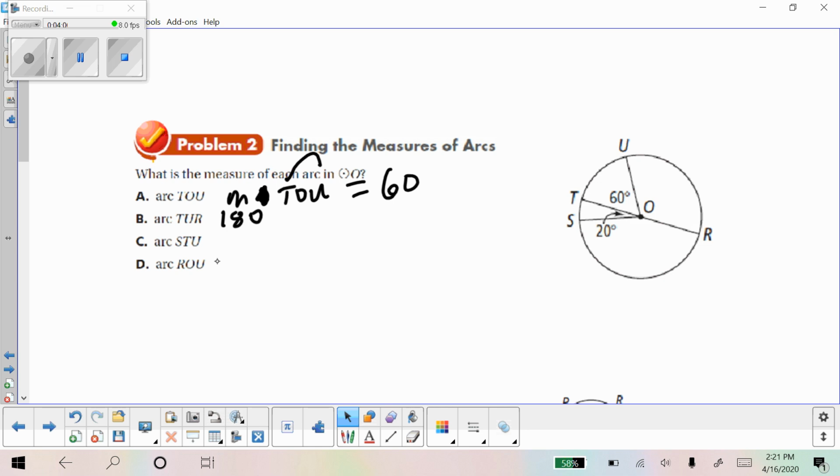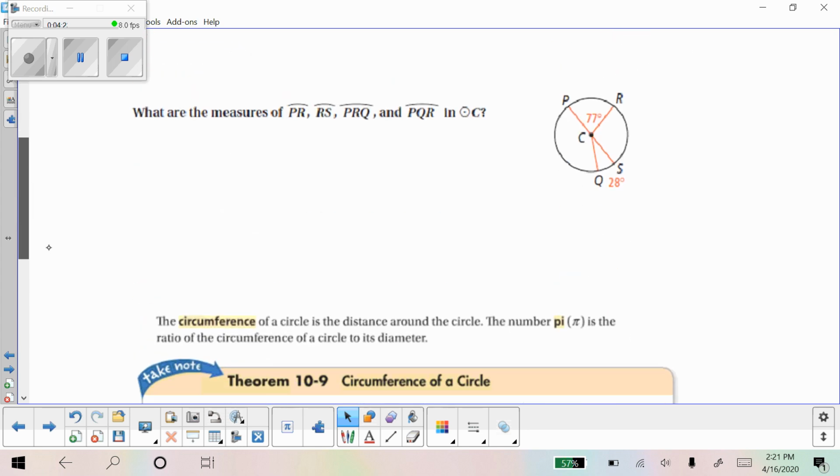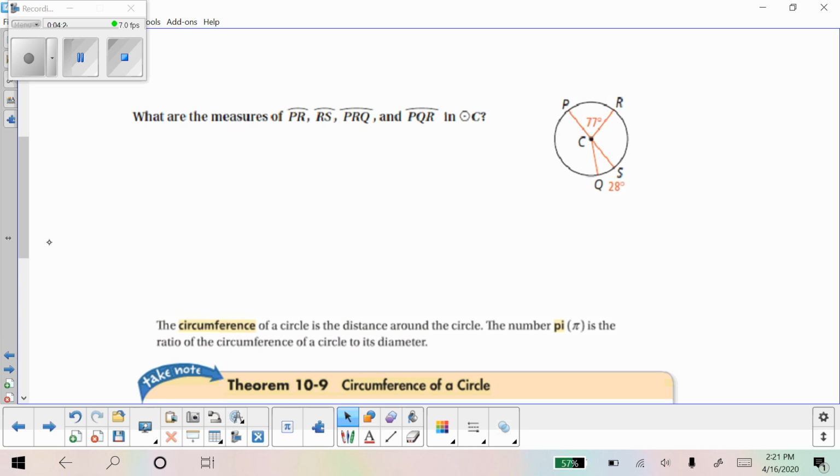Arc STU, we're going to add arcs TS and TU together, so that would be 80. And then arc ROU will be 180 minus 60, which is 120. All right. Why don't you try these and see if you got your answers right.